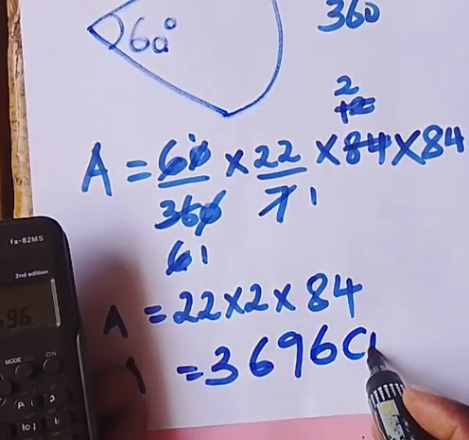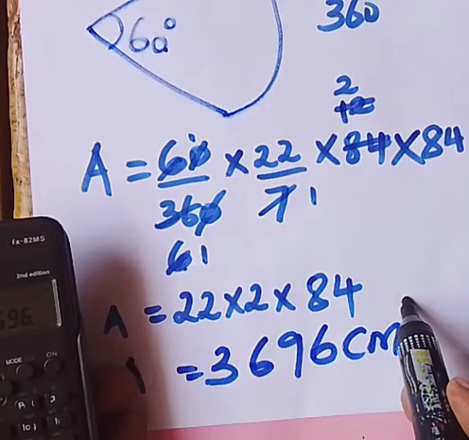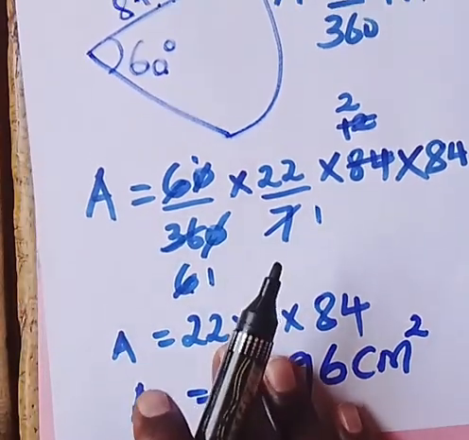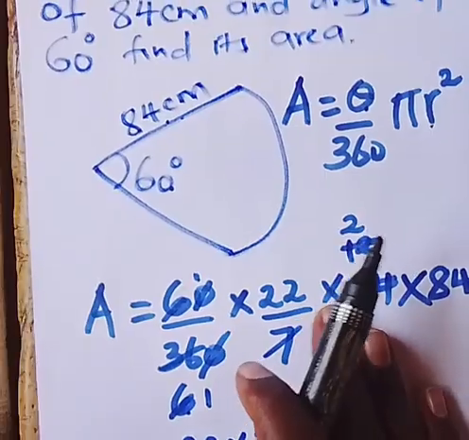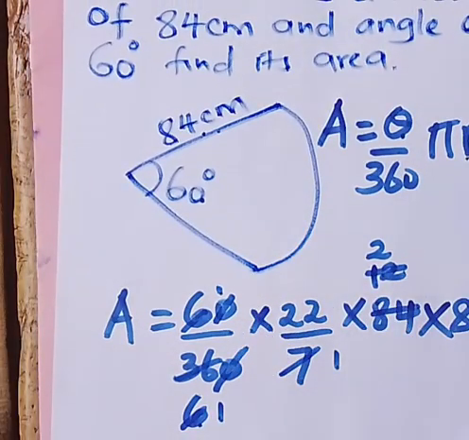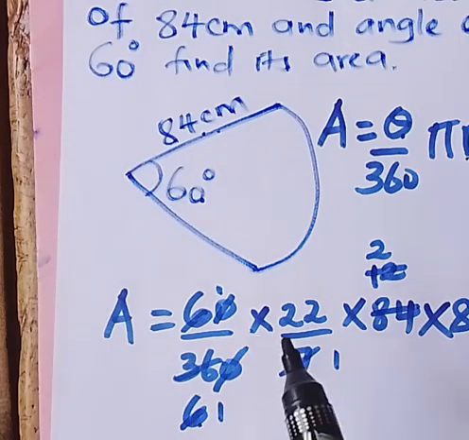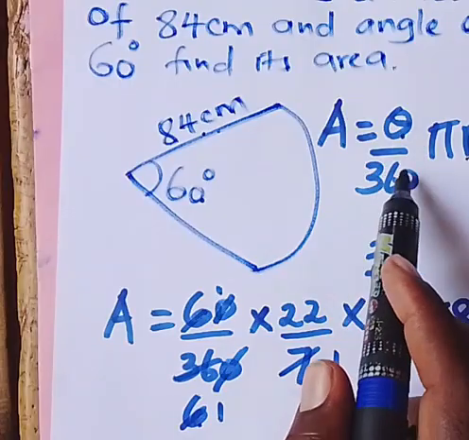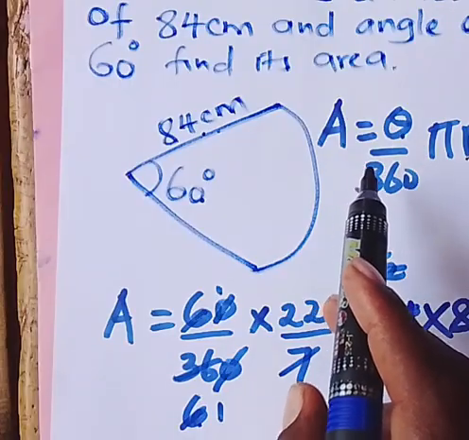3,696 centimeter what? Squared. So the area of this sector with the angle subtended at the center as 60 and the radius as 84, using the formula of theta over 360 pi r squared.